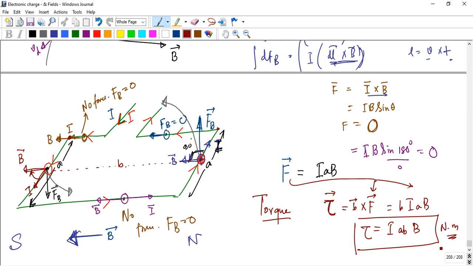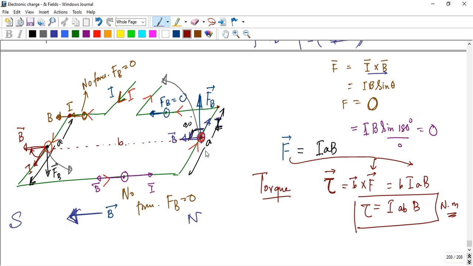There is a rotation. Now suppose that's the X line and that's the Y line.